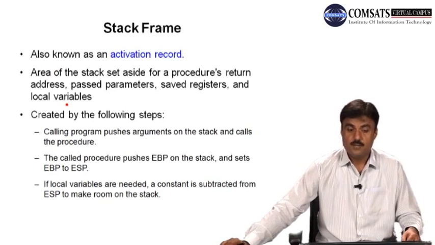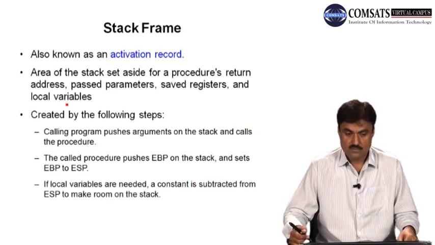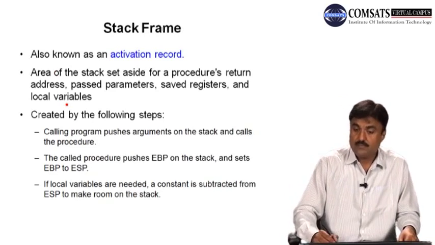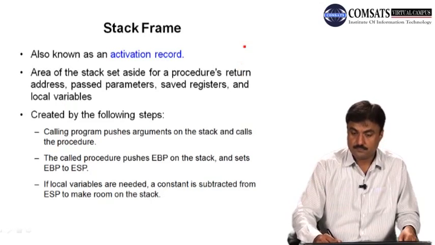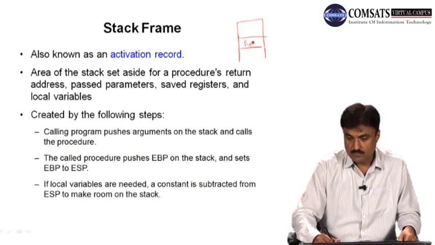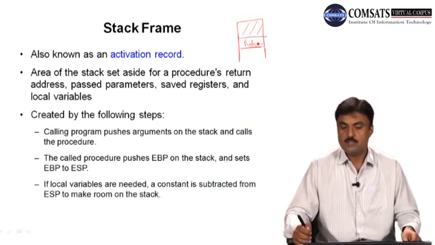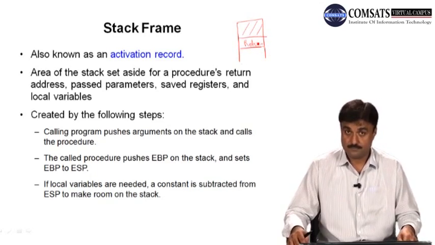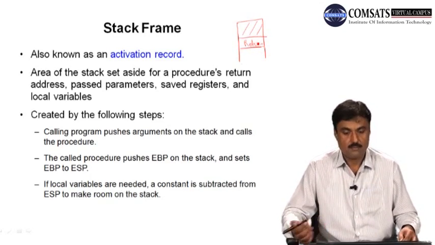So a stack frame is what we are going to discuss right now. This stack frame is known as an activation record. Inside the stack, there's a return address when we call any procedure. However, there is some area including this return address and so on. This is called the activation record also. That is called the stack frame.